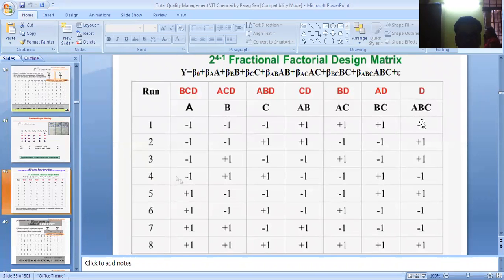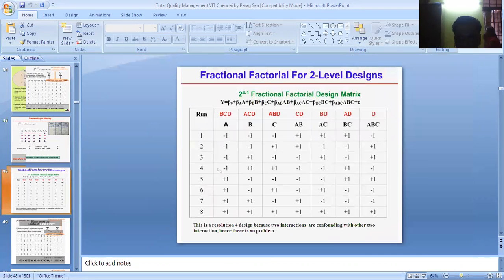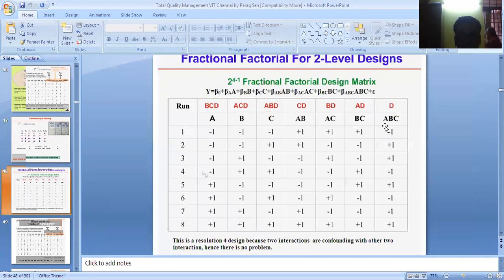D is confounding with ABC. So if D confounds with ABC, then it is a good design. Why is it a good design? Because in this case the cross product is ABCD, so AD will confound with BC, BD will confound with AC, CD will confound with AB, ABD will confound with C. So this is the case you will be getting.